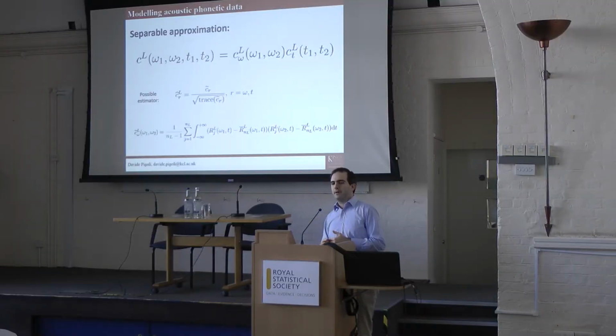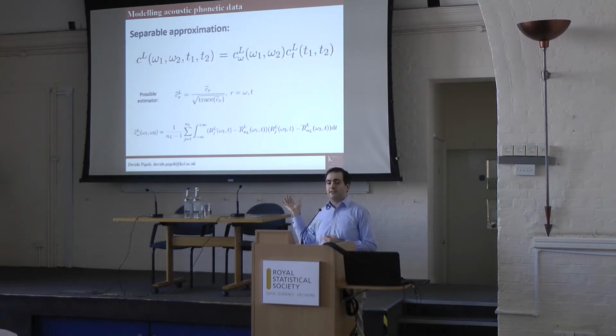If we do that, this is a second trick that suddenly increases our sample size, because it means that all the points in the other direction can be averaged across to get more statistical efficiency. So what we are doing is marginalizing in one direction, using the marginal covariance function as the estimate of the covariance in time and the covariance in frequency.